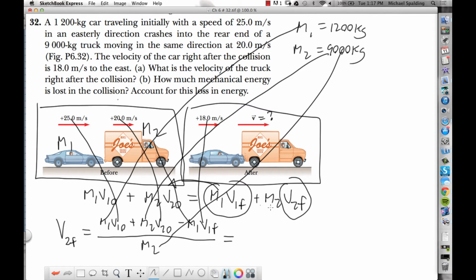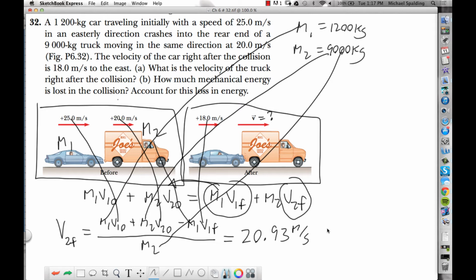When you plug the numbers in, you find that the velocity of the truck after the collision is 20.93 meters per second, not meter per second squared, just meter per second. That's part A.